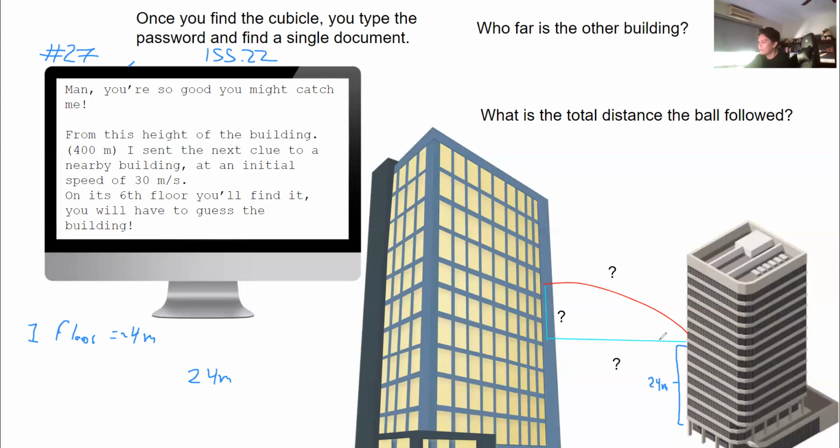With that, we can also calculate the height it dropped, because we know the height from which it was launched, which was 400 meters. We just have to find the difference between these two, which is 376.